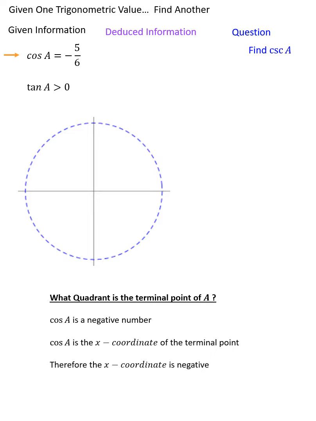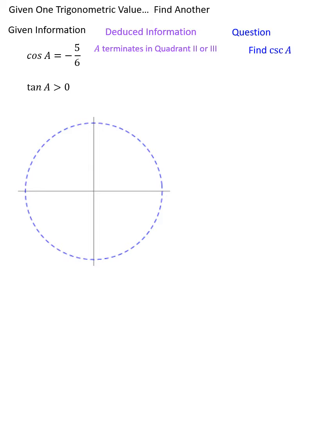Now, if the x-coordinate of a point is negative, and I'm not talking about trigonometry here, just making a general statement about graphing, we know that that point must be in quadrant 2 or 3. Quadrant 2 or 3 are where the negative x-coordinates are. That's not new information. Therefore, A must terminate in quadrant 2 or 3. Again, hit pause if you need to review this logic yourself. So now we've deduced that A must terminate in either quadrant 2 or 3.